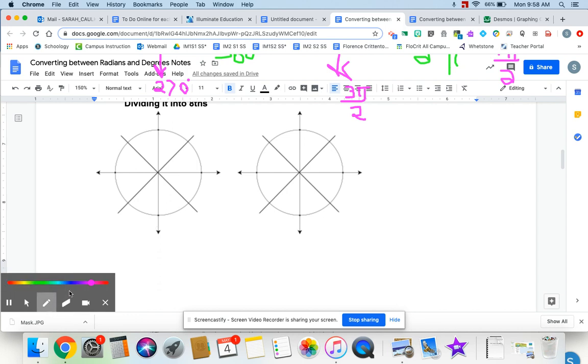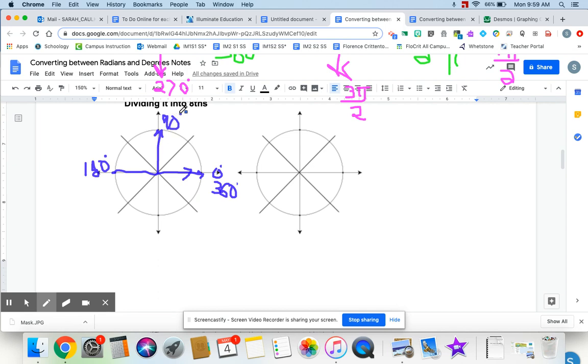So again, I'm going to quickly just run through and without talking, fill in everything that we already know. That's what we knew in our degrees.